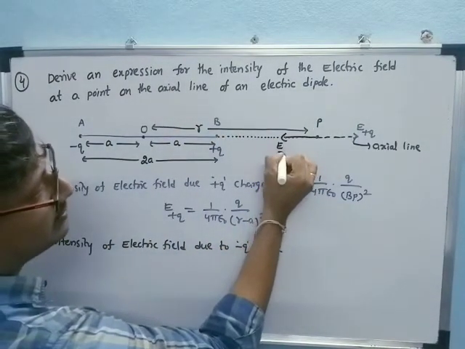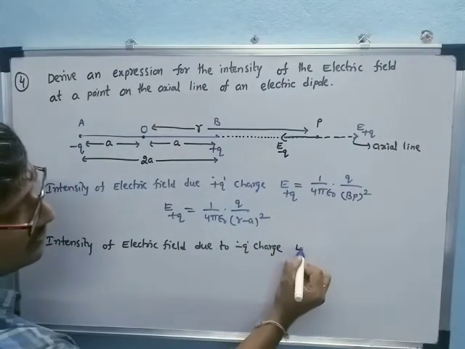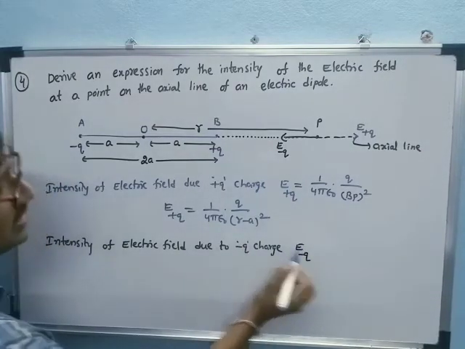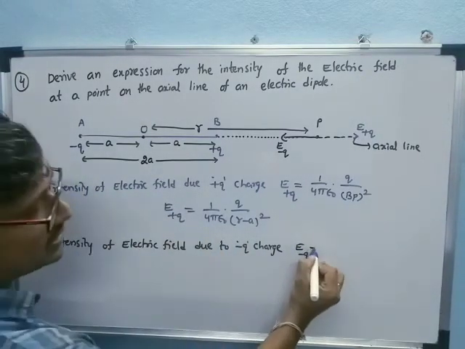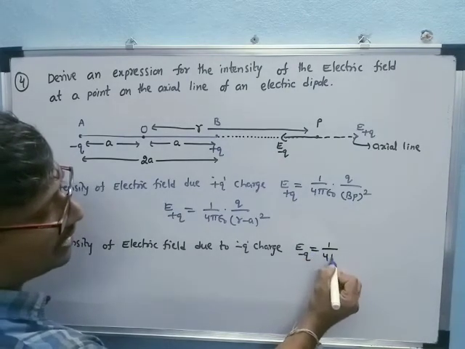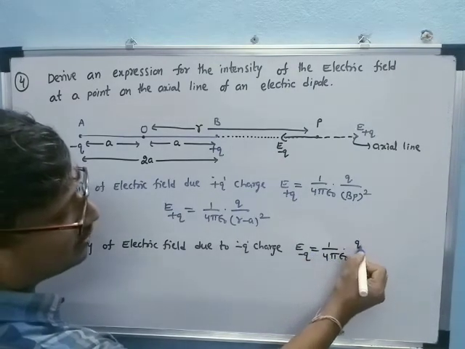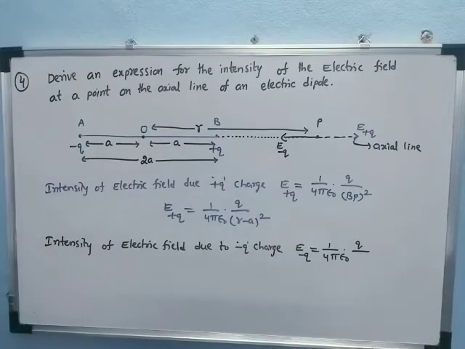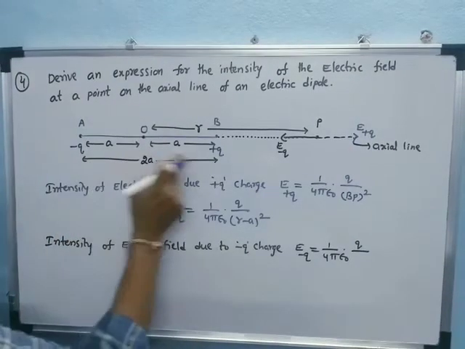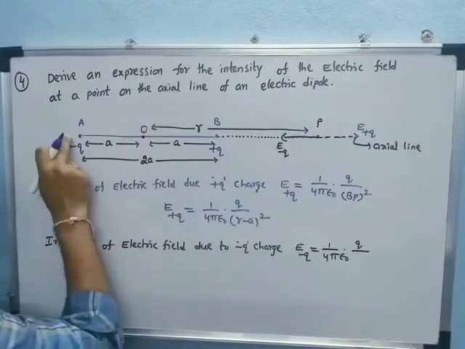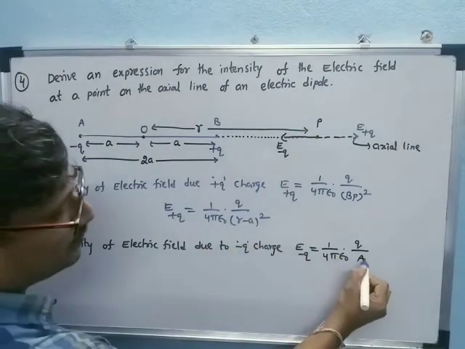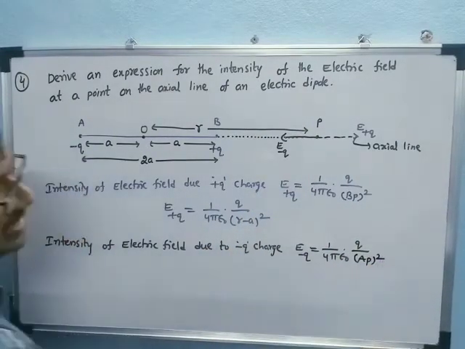We can apply here E minus Q. The minus indicates the negative charge. What is the formula? 1 by 4 pi epsilon naught, Q by r square, where r is the point to charge distance. Here the point, here the charge. See how much is there here? A to P whole square.